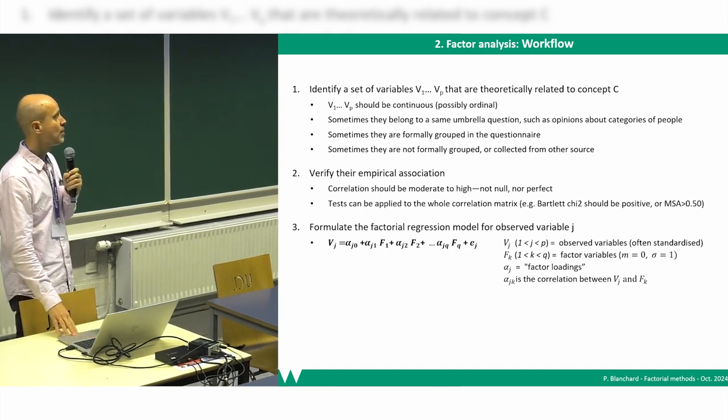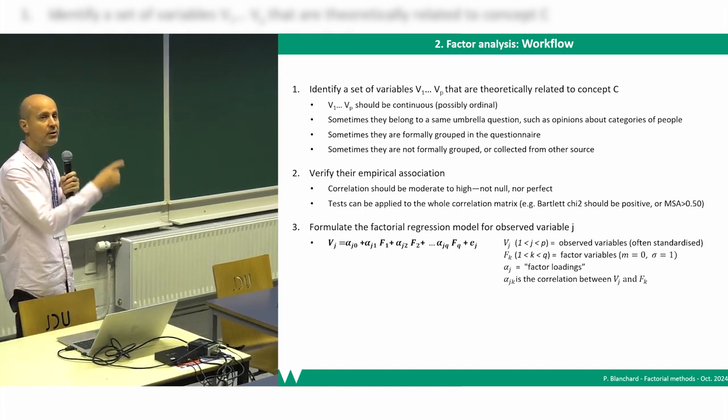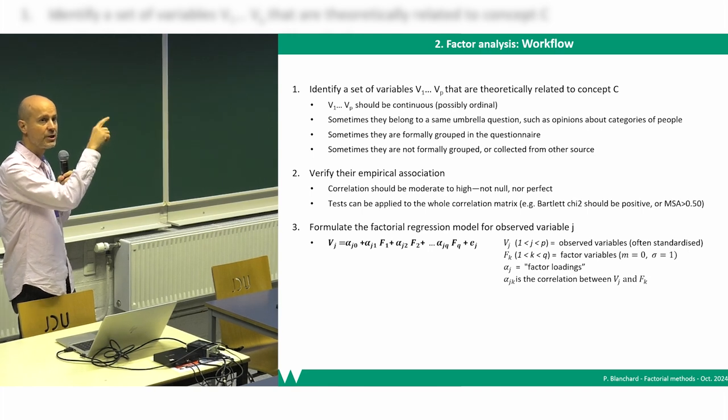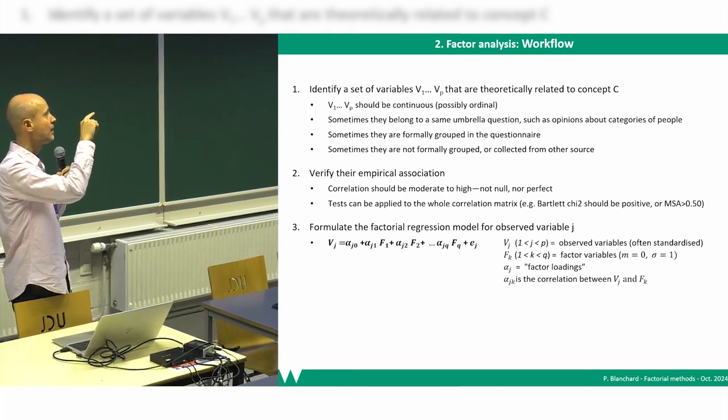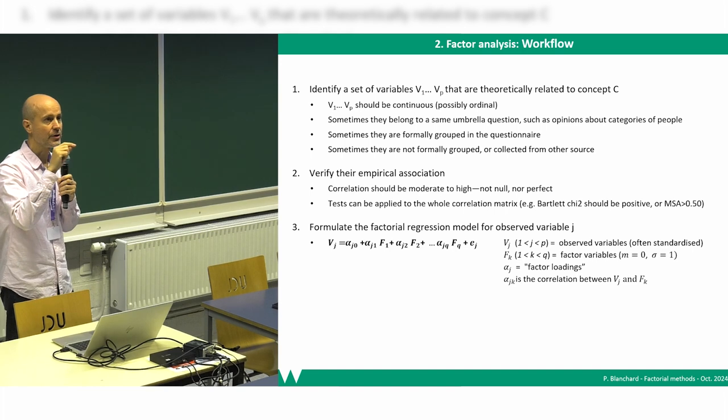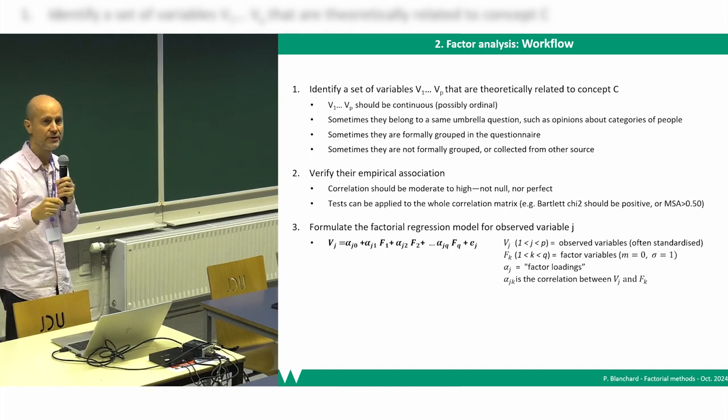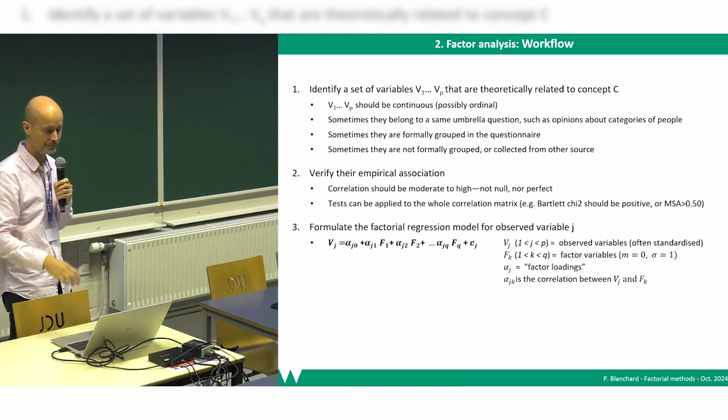So the Fs will come up as scores. We'll calculate the factor loadings from which you'll be able to assign a score on each factor for each individual in your data set.